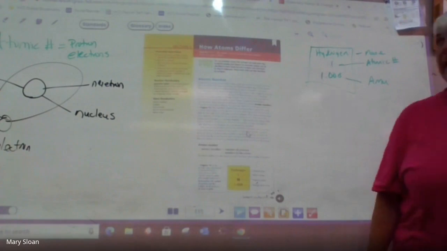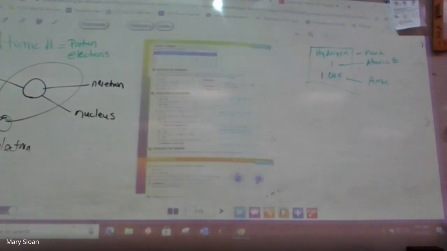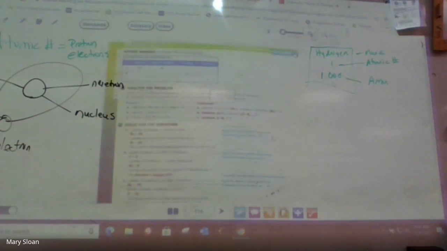Okay, we're going to turn the page. On the next page, there are some questions. We're going to do these together. I'm going to move this up a little bit so we can actually see it.